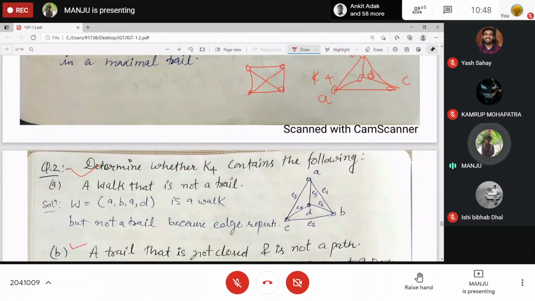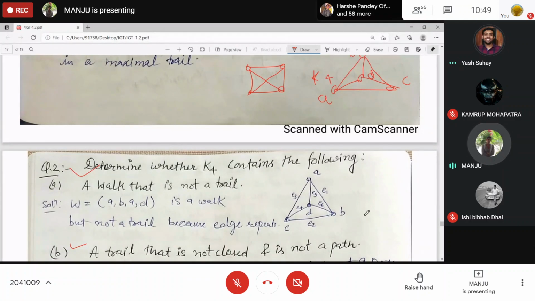A trail that is not closed and is not a path means you need to find an open trail in which vertices repeat. Only then it will not become a path. Find any trail which is not a path.